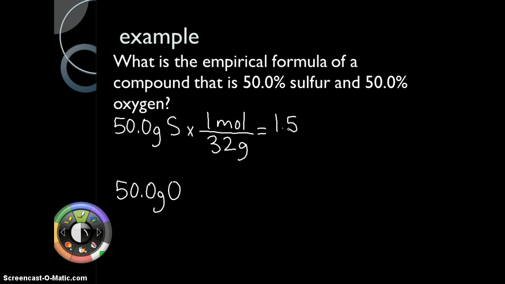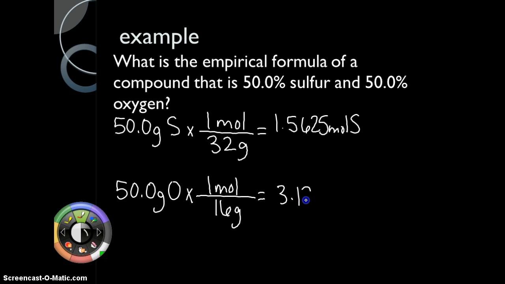So for this we get 1.5625 mole of sulfur. Oxygen, again, we're going to turn it into a mole. Oxygen weighs 16 grams, so that is going to give us 3.125 moles of oxygen.